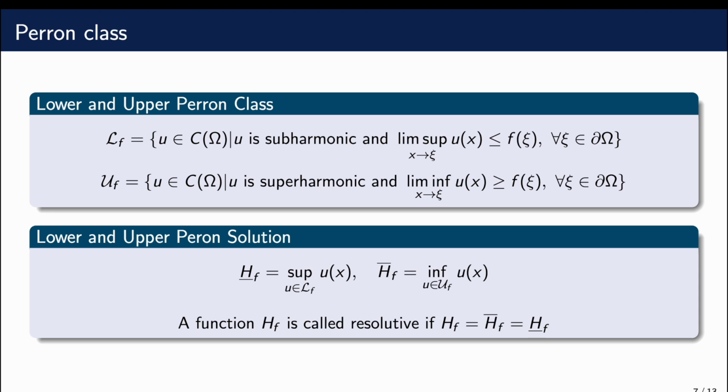You're looking at all of the functions u that are continuous on the whole domain, where it's subharmonic, and the lim sup as you approach the boundary is less than or equal to the value of the function. Important thing to note, the Perron class is defined for a function. So for the function x versus x squared, you're going to necessarily have different Perron classes. And similarly, the upper Perron class is just the superharmonic functions, but you're looking at the lim inf as you're going to the boundary.